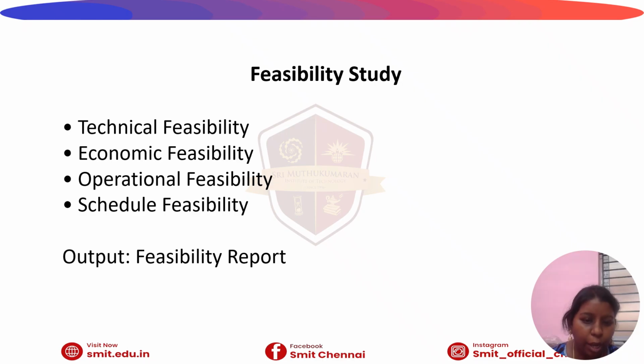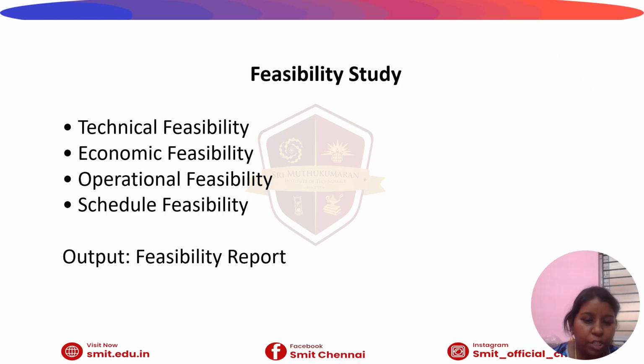Okay, the four main steps are technical feasibility, economic feasibility, operational feasibility and schedule feasibility. First is the technical feasibility. Evaluate if the project can be built with suitable technology, resources and expenses. Economic feasibility: we estimate the cost, revenue, return on investment.